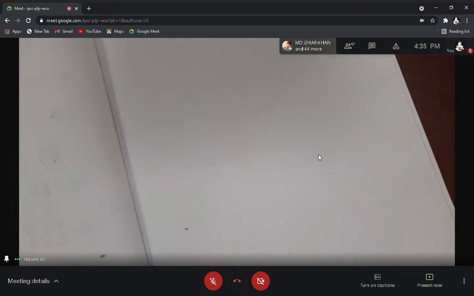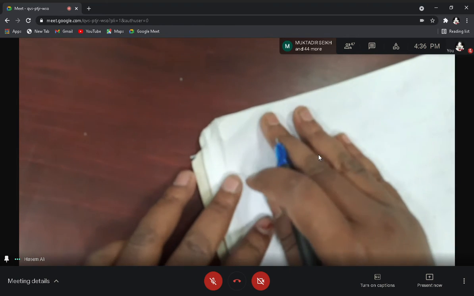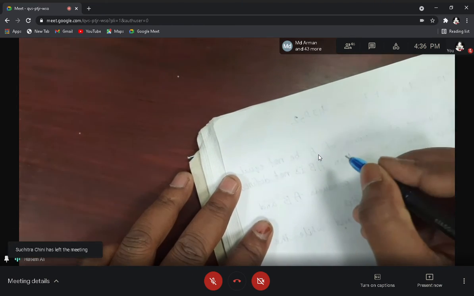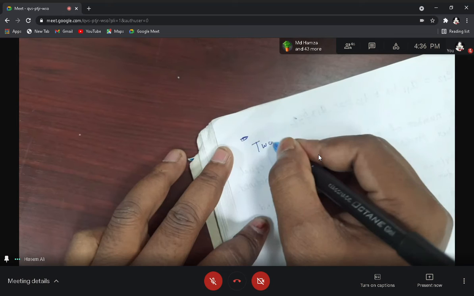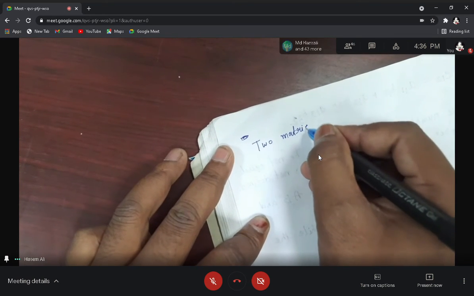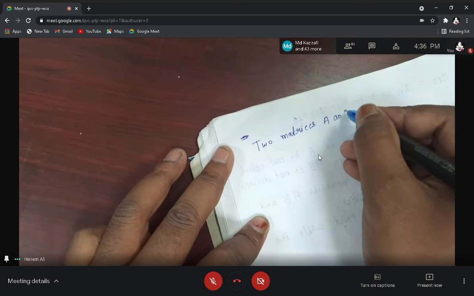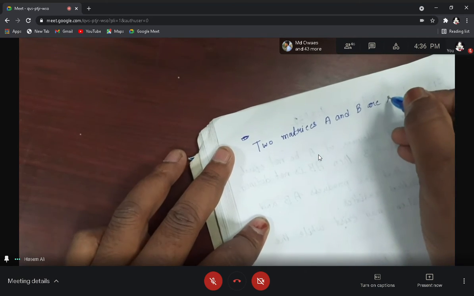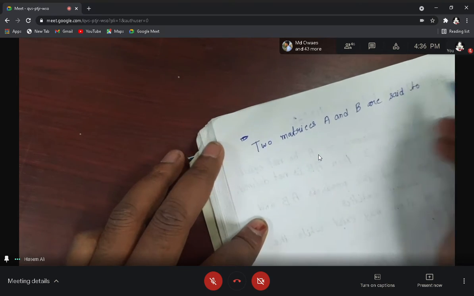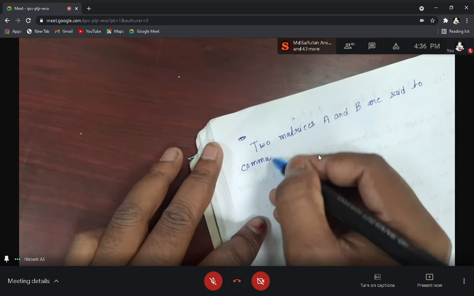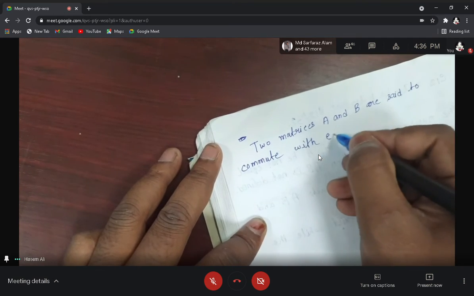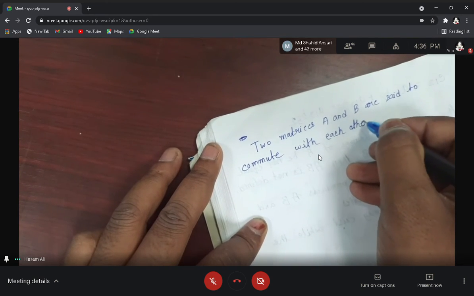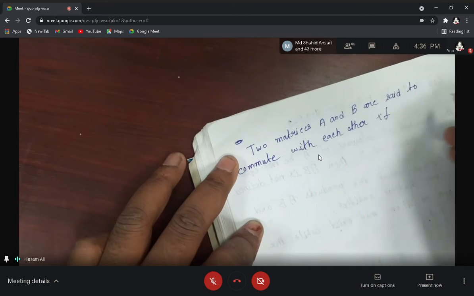Now, in definition, two matrices A and B are said to commute with each other if AB equals BA.